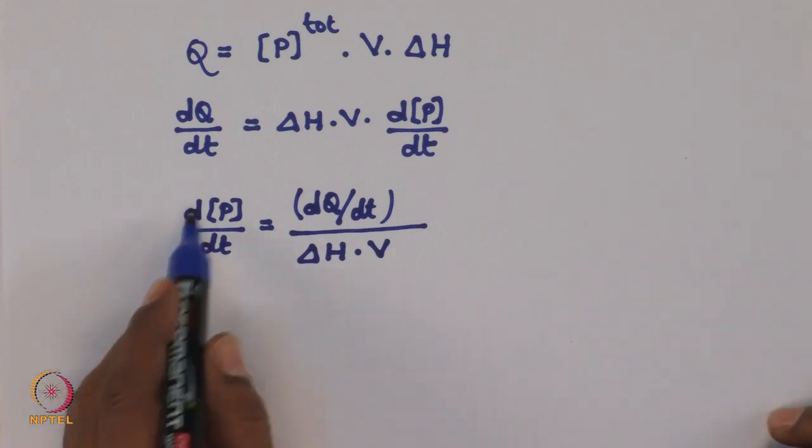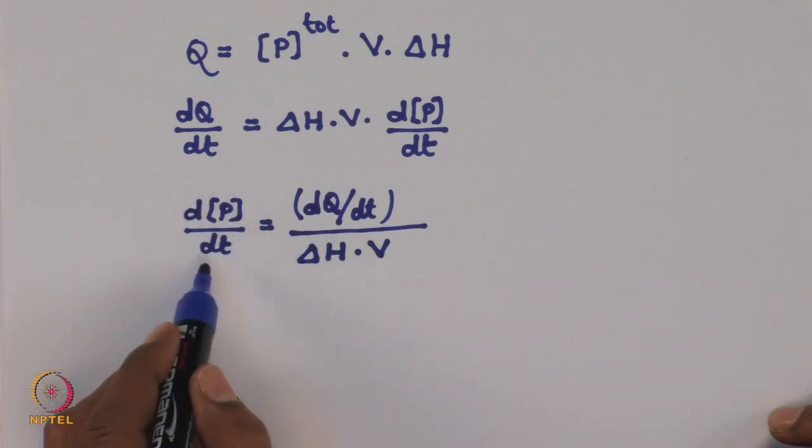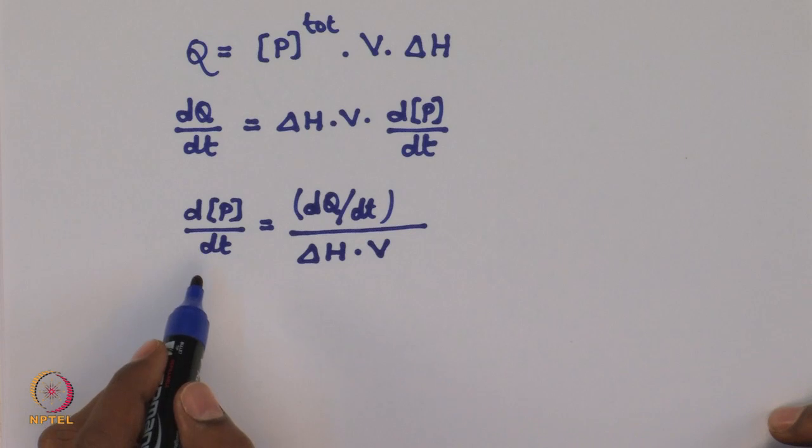And dp by dt can be written in the form of rate.